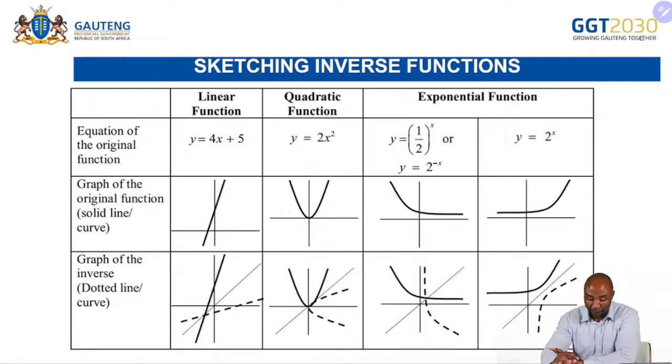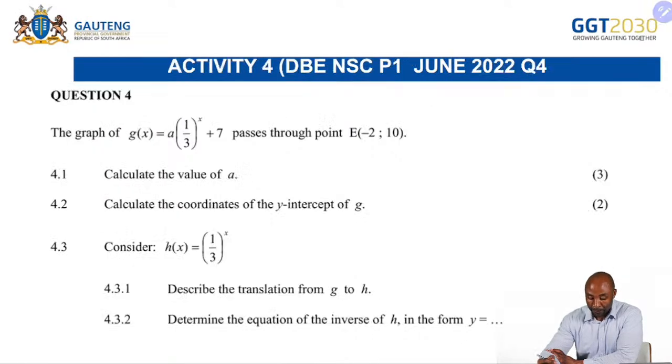If it's a decreasing function, the inverse will also be decreasing. For the quadratic, that is where we need to restrict our domain. But because time is no longer on our side, I will not be able to explain more on that. But in our future lessons, we will deal with this aspect.